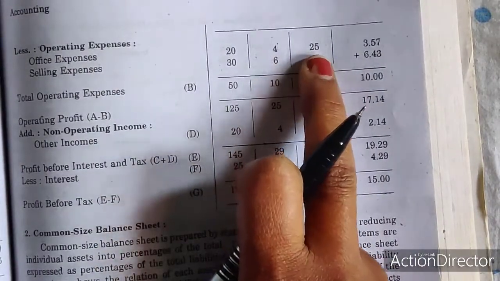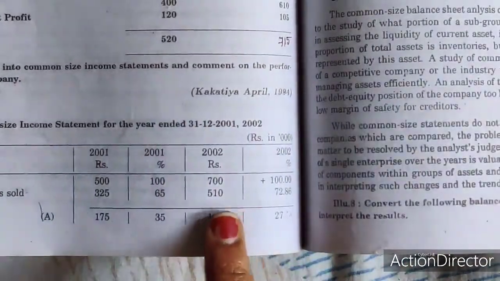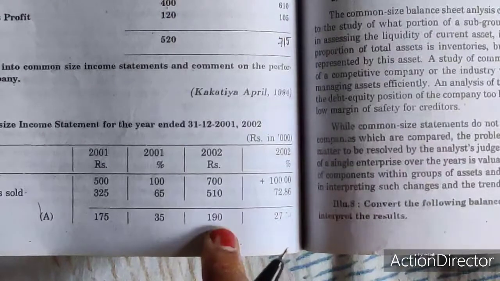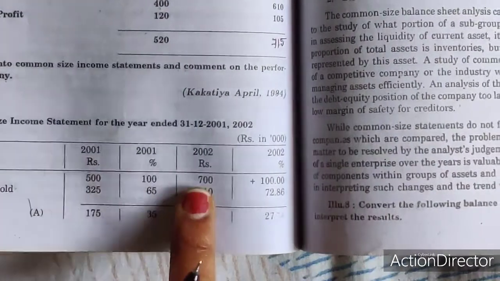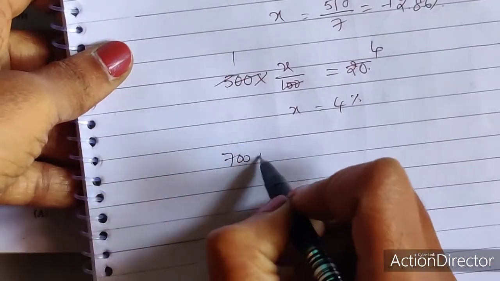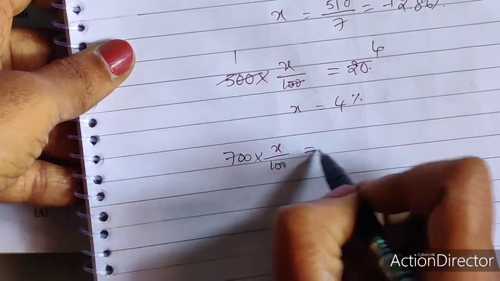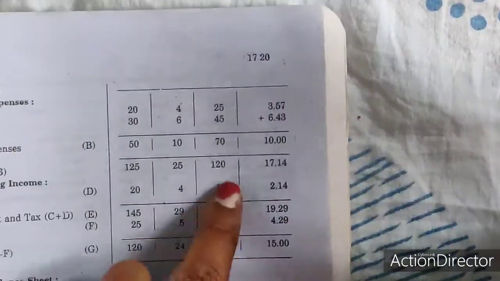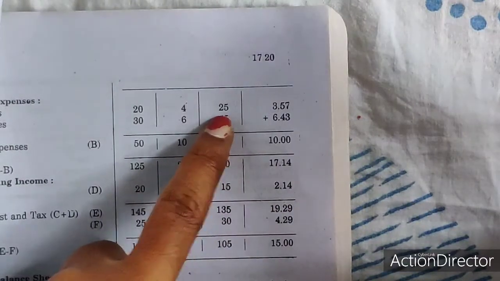In the same way, we need to compute the ratio of office expenses for the year 2002. Here we have taken 700 as 100%. So 700 into x by 100 is equal to the office expenses in 2002, which is 25.